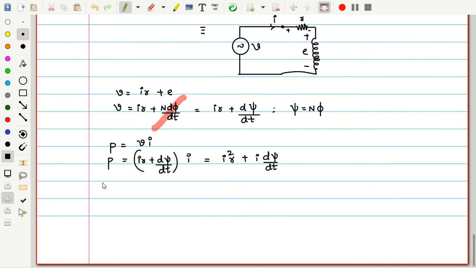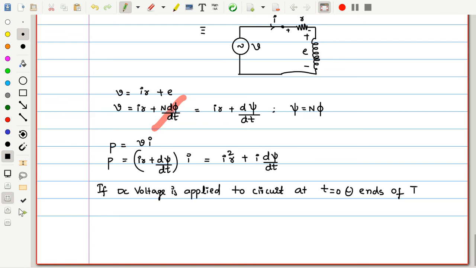Now if I want the energy, what do we do? Let us consider that a DC voltage is applied. The reason I am applying DC voltage is that integration is very easy for me. It is applied to this circuit at t equal to 0 and ends at t seconds. How does it look?